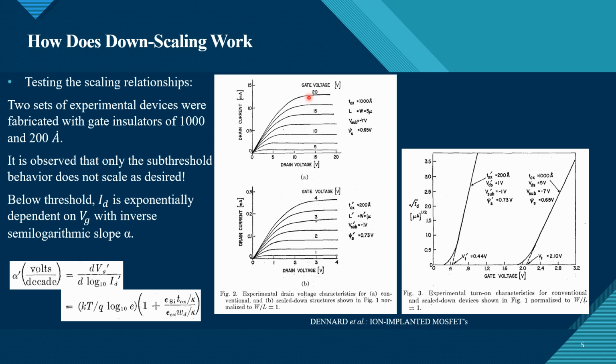20 volt here, and we have 4 volt here. 15, and we have 3. 10, and we have 2. 5, and we have 1 here. All of them scale down by the factor of 5 as we scale down the gate oxide thickness.